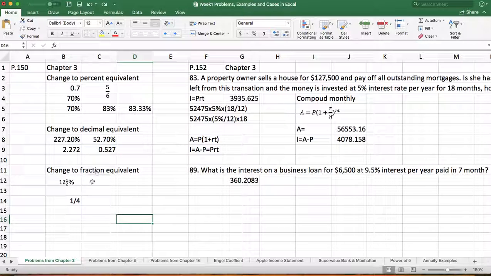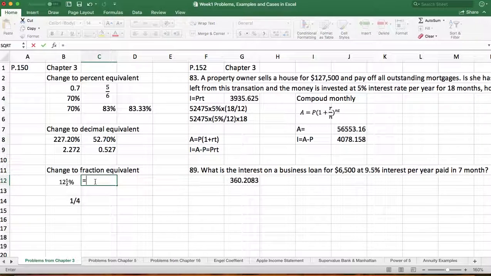Change to fraction equivalent. So that means this is a percentage. Change this percentage into a fraction equivalent. How to do it? Okay, actually this number is equal to 12 times 2 plus 1.